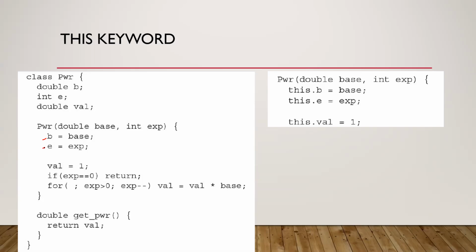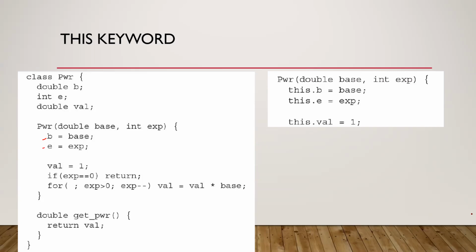So whatever object has been created, that object's B and E are being accessed. So this is implicit, and you can alternatively write this.B, this.E, this.val.